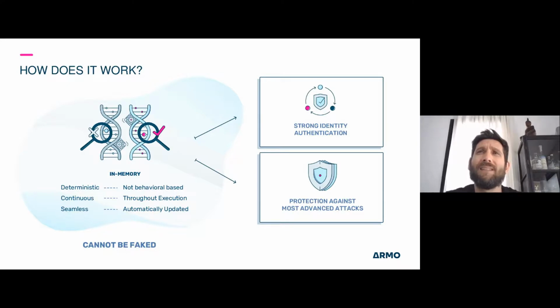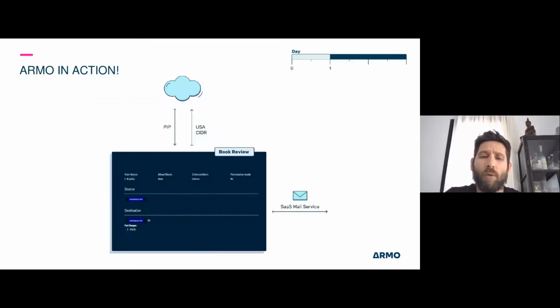Basically, it is a perfect zero trust solution because it ties the identity to the integrity of the workload. So if a workload is compromised, if we identify that someone entered malicious code into the application, we immediately take it out of the equation. It will not be able to communicate, or the malicious part will not be able to communicate. And by that, we are creating a perfect zero trust environment.